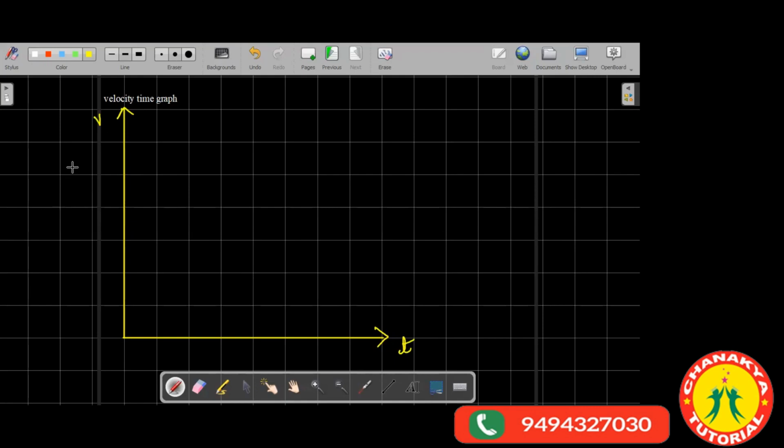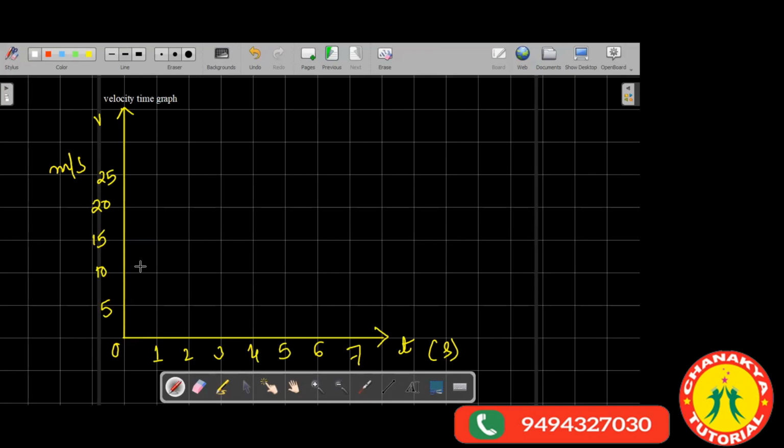So this is velocity in meter per second and this is our time measured in second. Okay. So again, let's have velocity here 5 meter per second, 10 meter per second, 15 meter per second, 20 meter per second, 25 meter per second. Here you have 0. Same here you have 1, 2, 3, 4, 5, 6, 7.